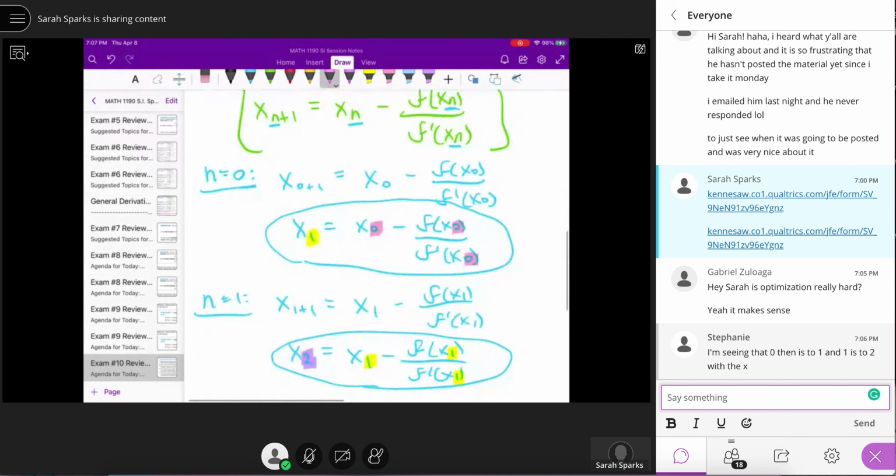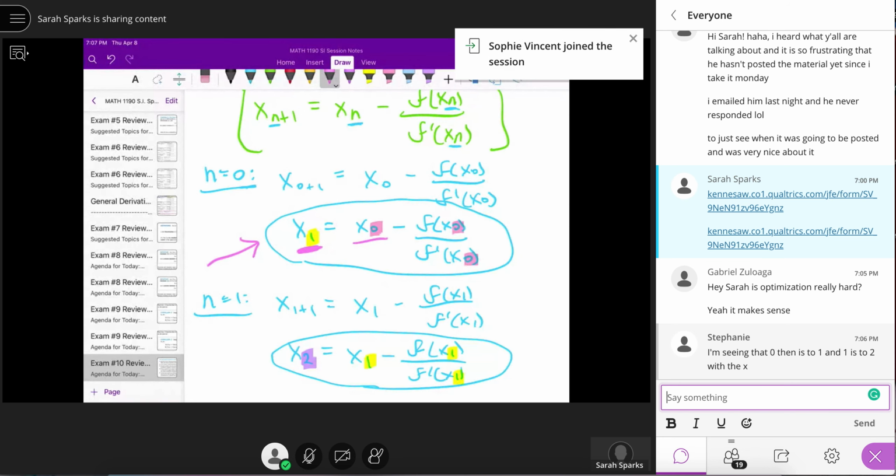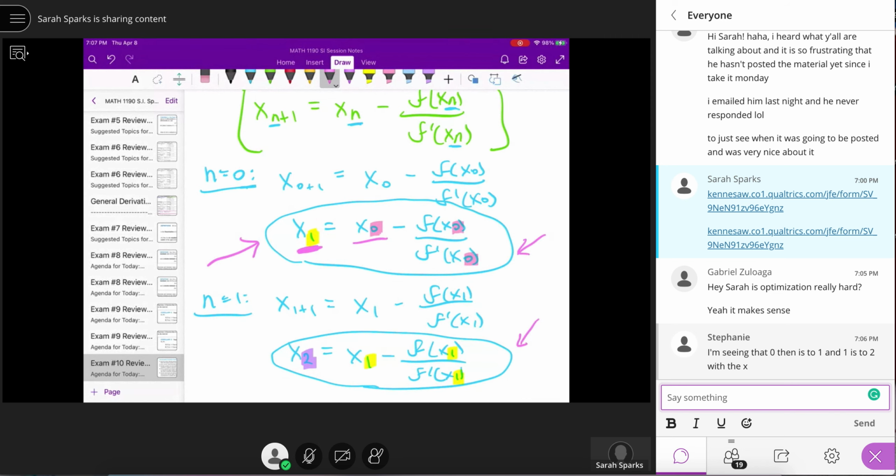When we have n equal to 0, we can find x sub 1 because we already know x0, and then we can plug x0 into our f of x and f prime of x. Newton's method is basically just using the different forms of these functions to get a closer and closer approximation. That's the whole goal of Newton's method.